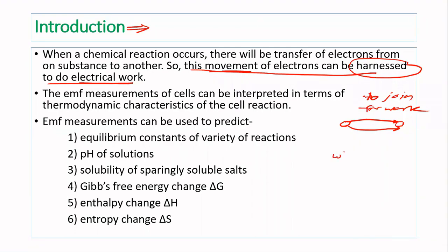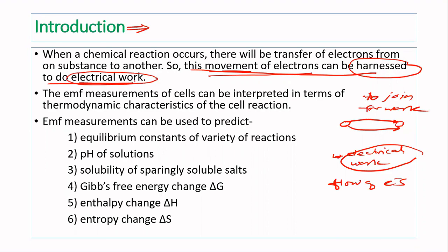We know that we get electrical work when there is flow of electrons. Is it right? So this movement of electrons can be used to carry out electrical work.